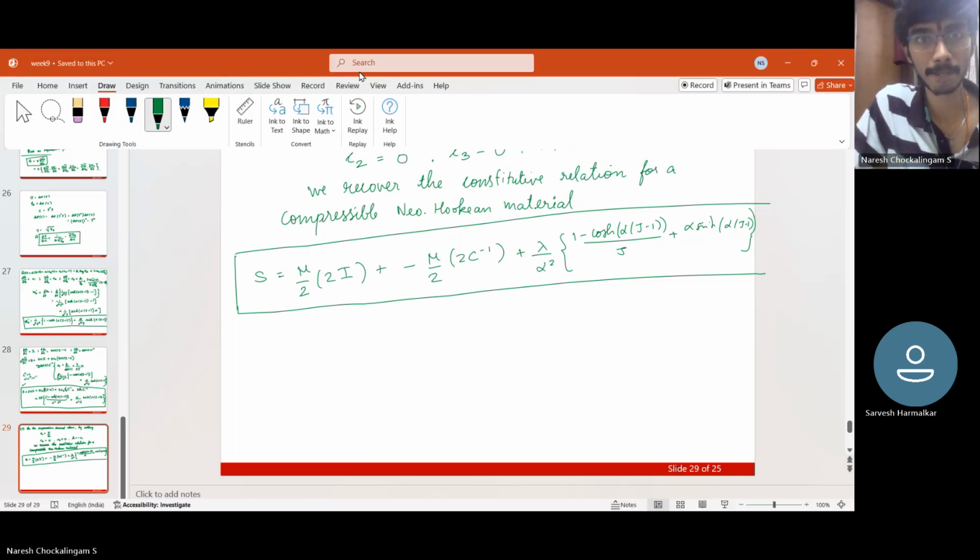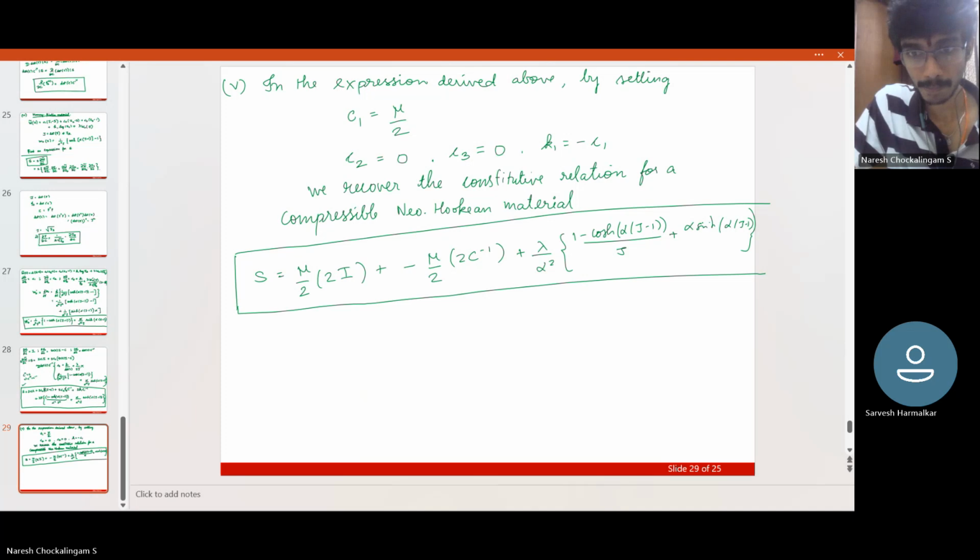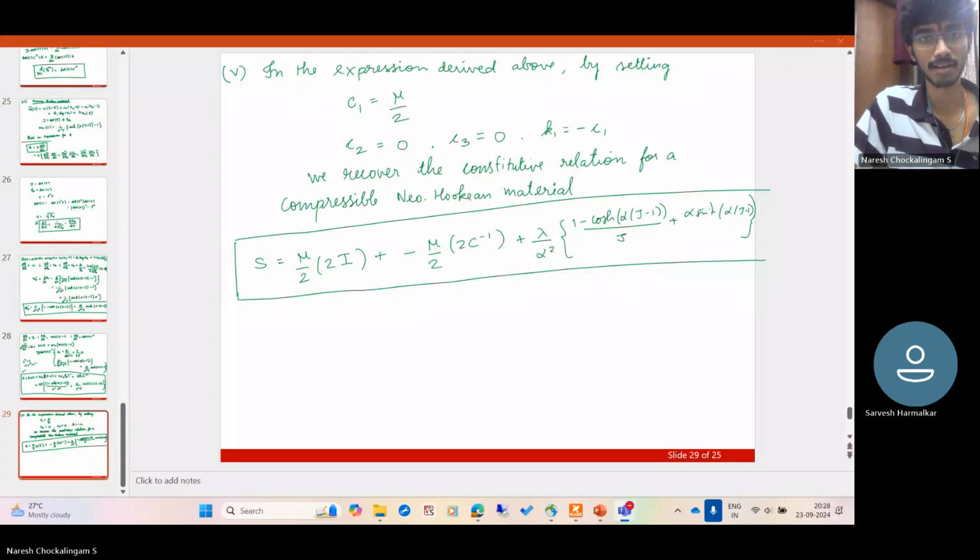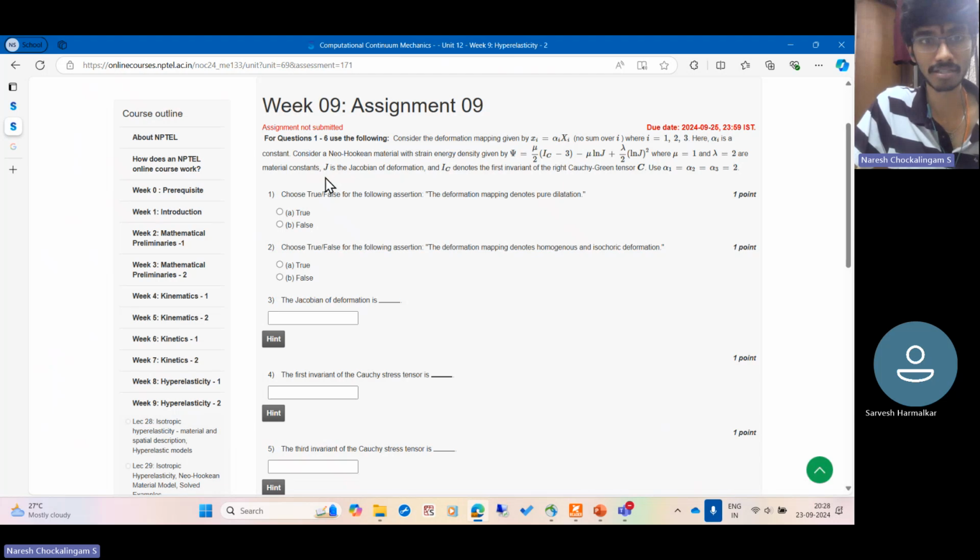So this relationship between the Piola-Kirchhoff stress and C defines one compressible neo-Hookean material. The expression given in this week's assignment is slightly different. That has lambda by 2 logarithm of J the whole square.